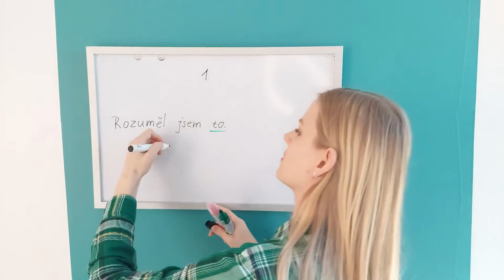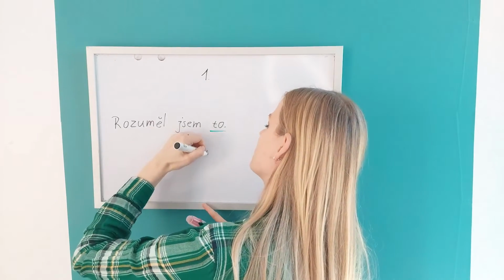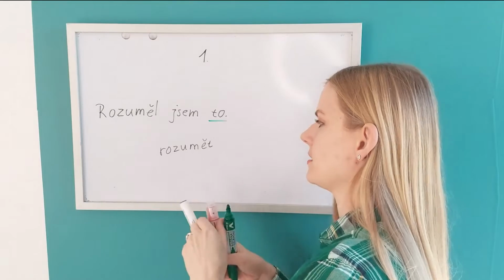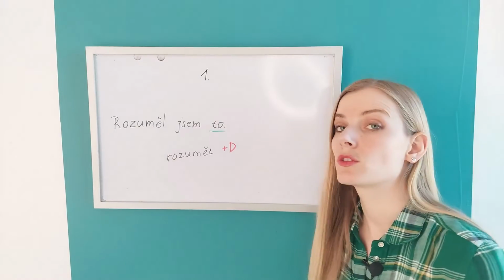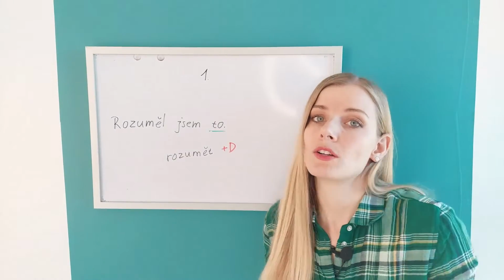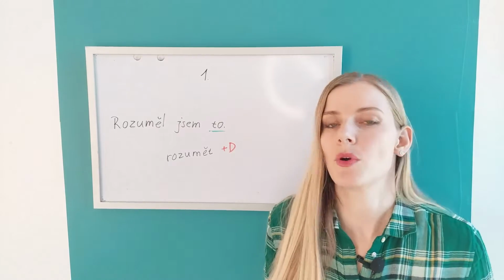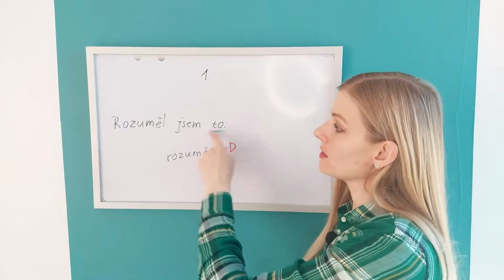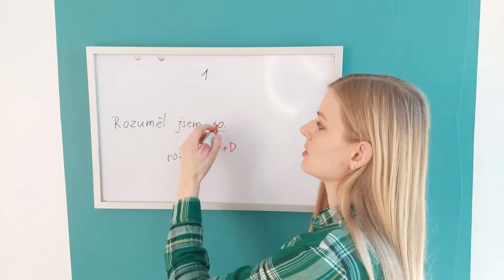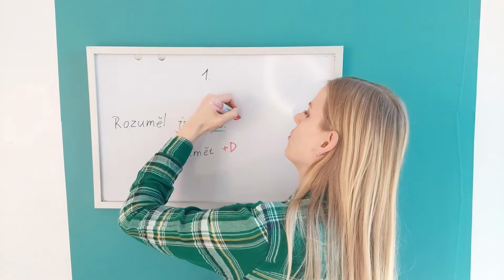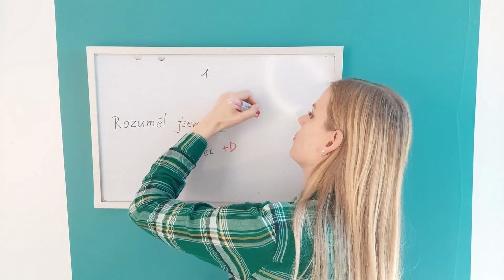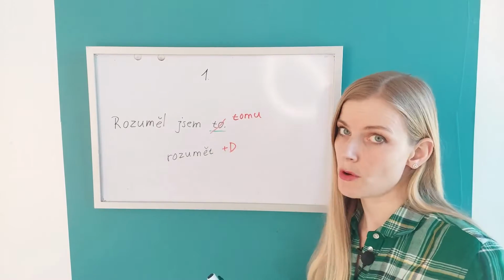You have to remember that rozumět has to be followed by the dative case. Whether you want to say that you understand someone or something, they're both in dative. So in this case we would say rozuměl jsem tomu. That's the dative for to, for it.